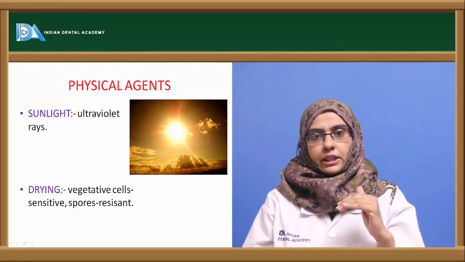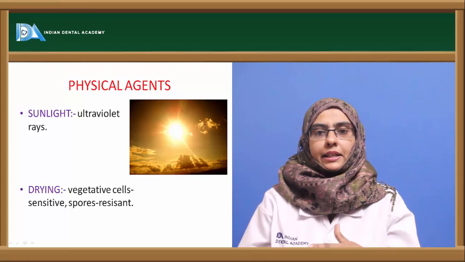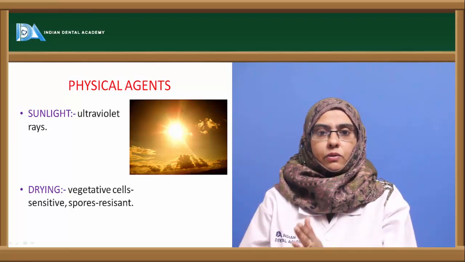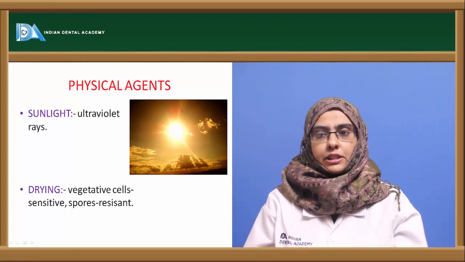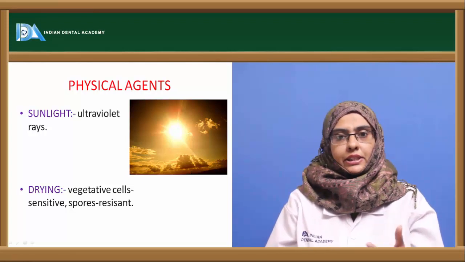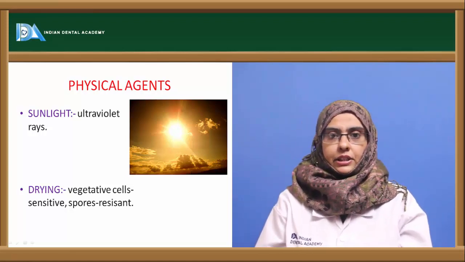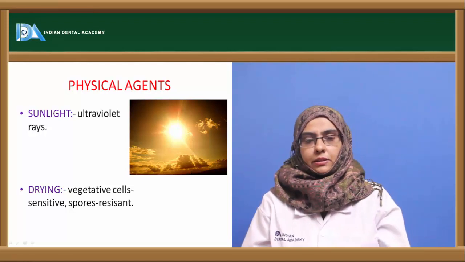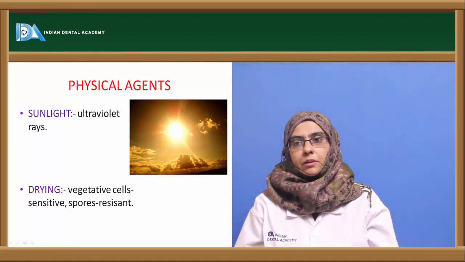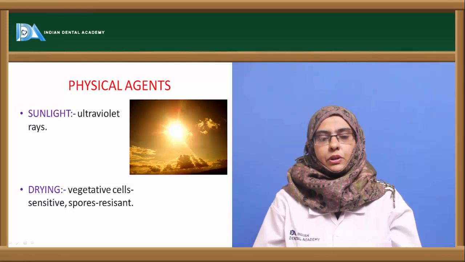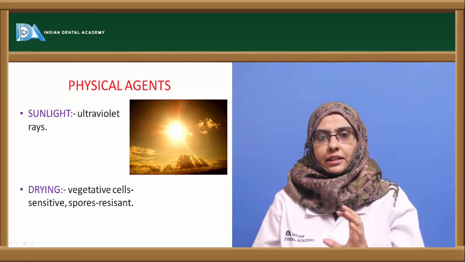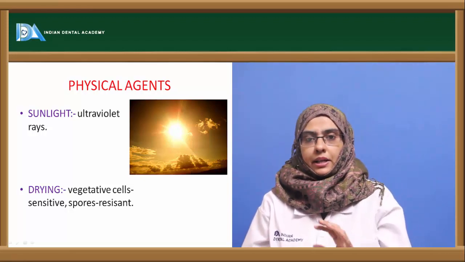So once this water is removed, the organism gets dehydrated and no longer has any water molecule to carry out its biological activity. So all the vegetative cells can be easily killed with the help of dehydration, that is removal of water from the organism. But this dehydration will not kill the spores, because spores are a highly resistant form. They are not killed by dehydration.